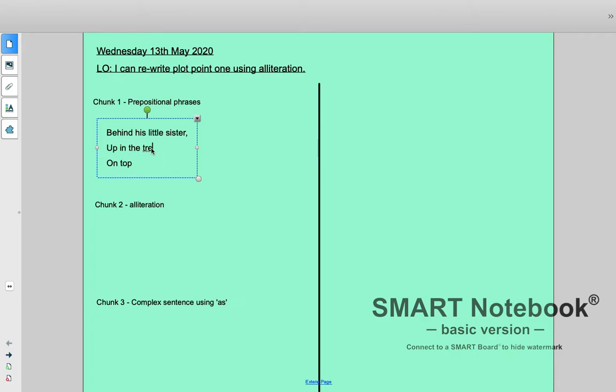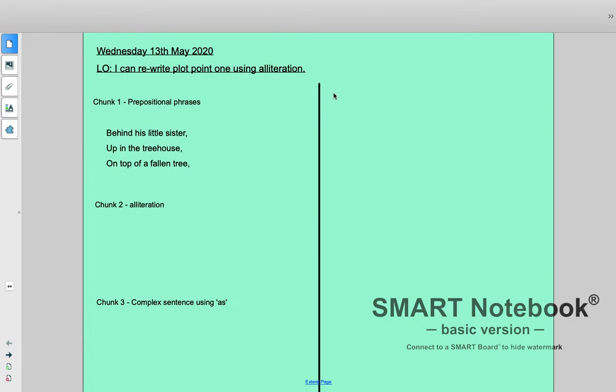Up in the tree house, comma, or on top of a fallen tree. These are a few different phrases that I could choose to use in my writing, and I'm going to change it a little bit, but I'm going to use up in the treehouse.